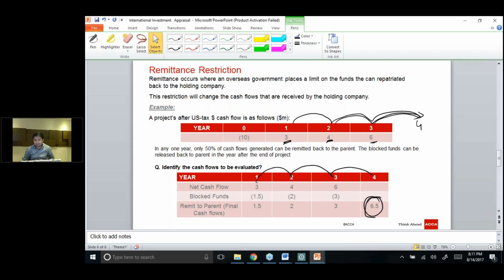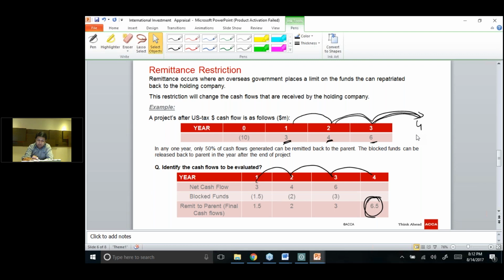I'm assuming that your funds are blocked for the next 4 years. You can only transfer the funds at the end of year 4. And in the subsidiary country, you can reinvest the funds at 5%.